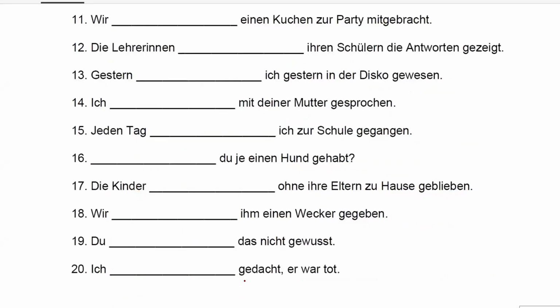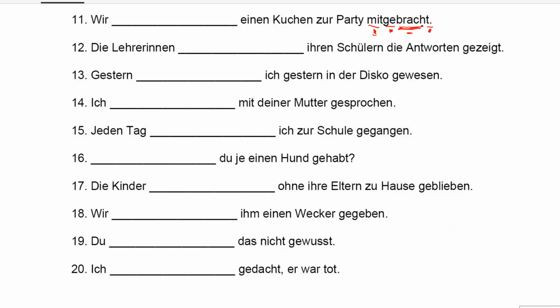Next up is Nummer 11. We have here wir as our subject and the past participle mitgebracht. This is a gentle reminder that if you have a separable prefix such as mit, you put the GE for your past participle in between your prefix and the rest of your verb, in this case, the stem plus T. This is also an irregular verb in that it has a stem change. Even though it does have a T at the end and a GE at the beginning, it does have that irregular stem, so it does still count as an irregular verb.